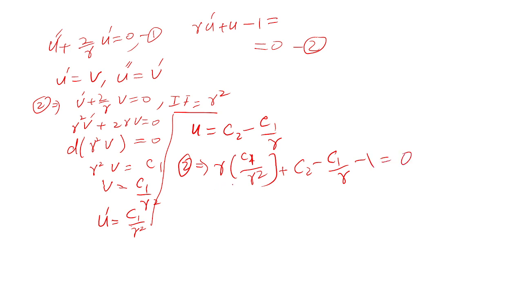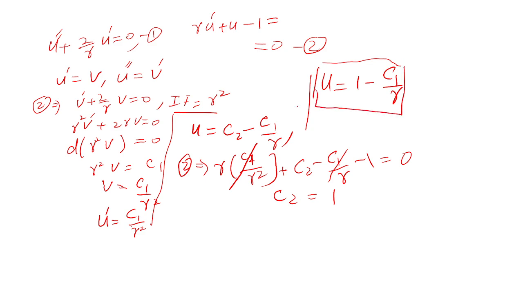This should be 0. So you see this will cancel with this one, and c2 is in fact 1. So what is u now? u is 1 minus c1 over r. This is the solution of these two equations.